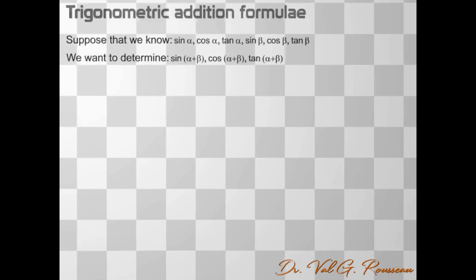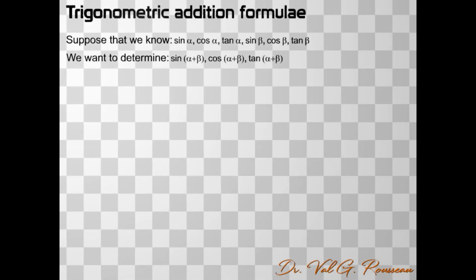Let us derive the so-called trigonometric addition formulas, which are very important and useful. Suppose that we know the values of the sine, cosine, and tangent for two angles alpha and beta. We want to know what the values of these functions are for the sum alpha plus beta.